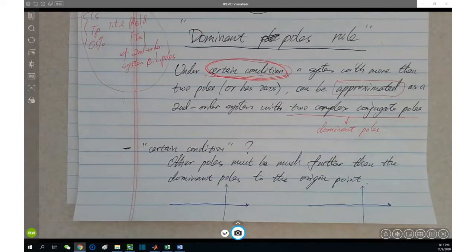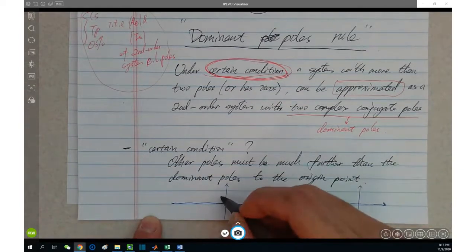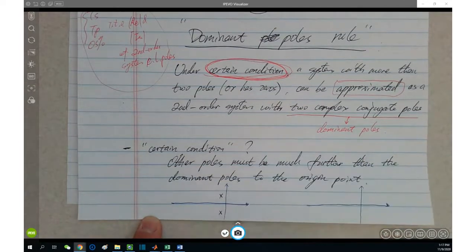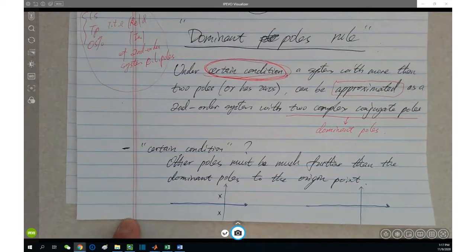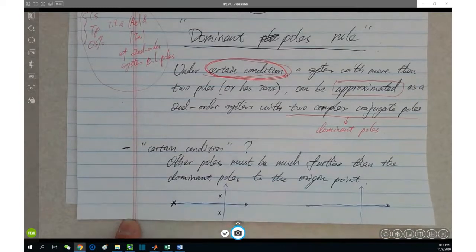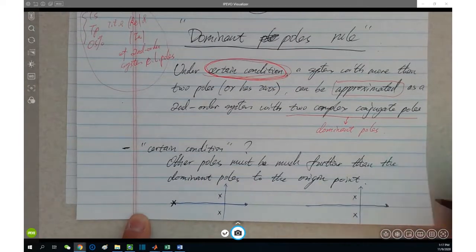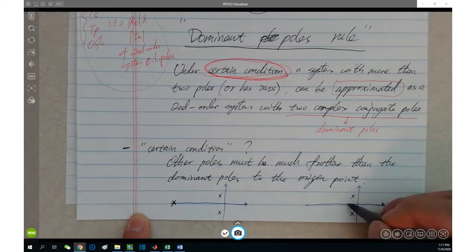The first one you're seeing, we have two complex conjugate poles, and we have another pole, which means obviously a third order system, right? In the other system, we have two complex poles, and the third pole is over here.